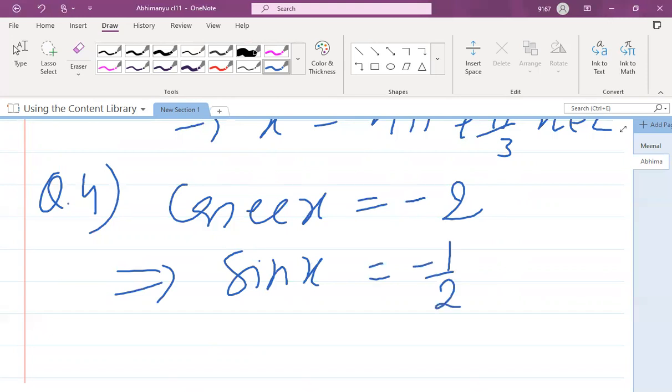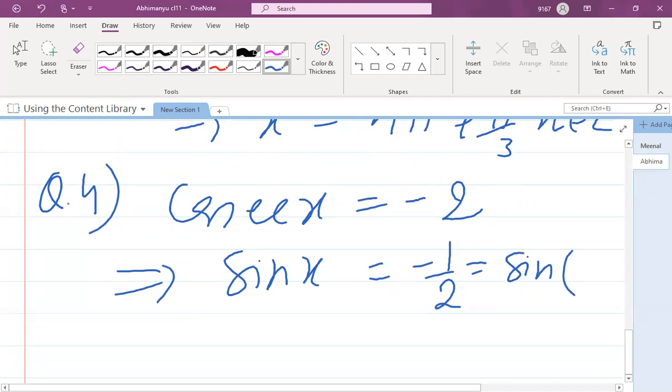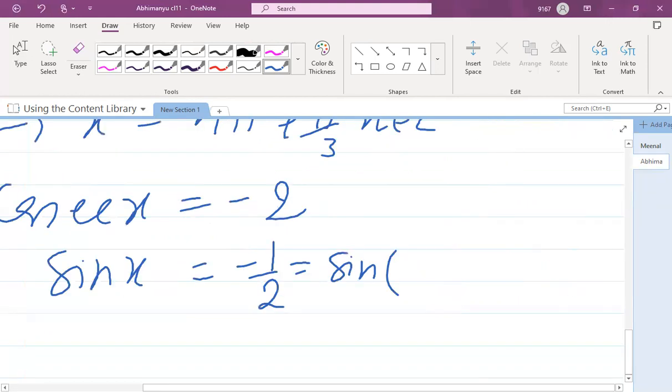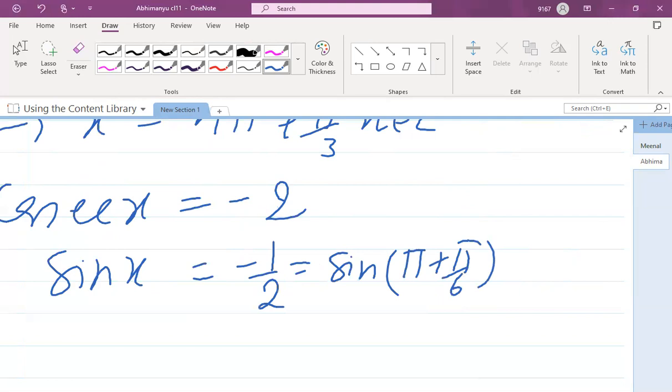For the principal solution, we look for the values where sin has negative values, -1/2. तो नेगेटिव कहाँ पर होता है? थर्ड एंड फोर्थ क्वाड्रेंट, राइट? सो थर्ड क्वाड्रेंट में साइन की वैल्यू नेगेटिव आती है. 1/2 वैल्यू pi/6 पर आता है, तो pi/6 लेना है, pi plus pi/6, and another value is 2 pi minus pi/6.